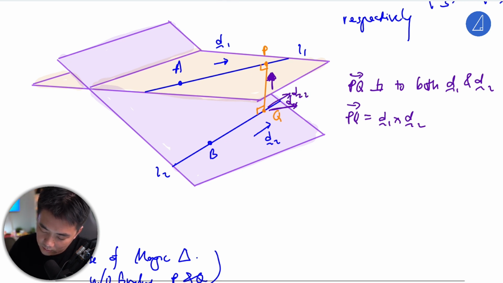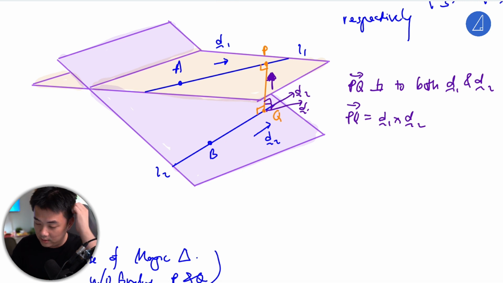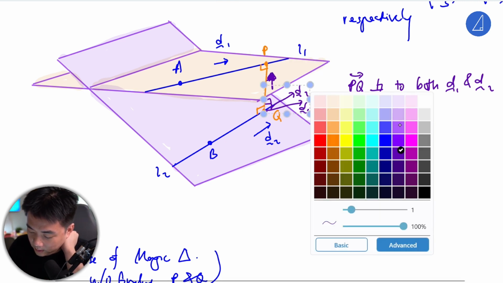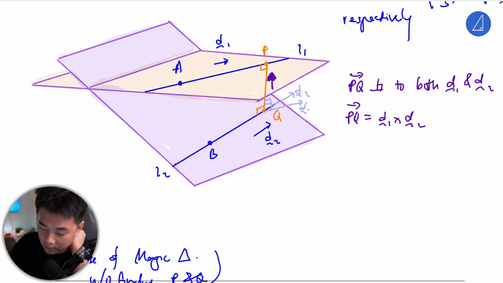This is D1, this is D2, so you cross them and you get the direction of PQ. That is the first characteristic, if you are able to see it.